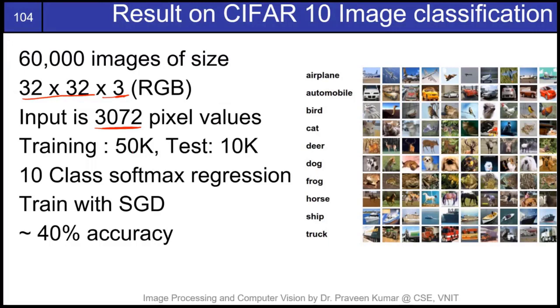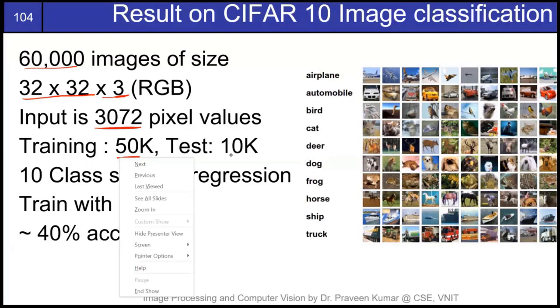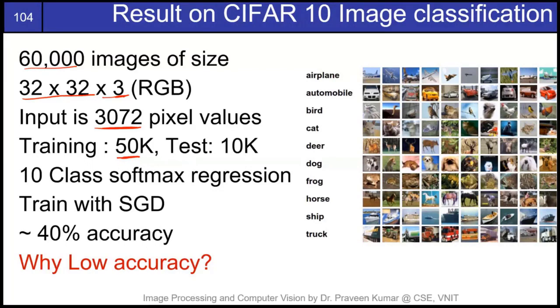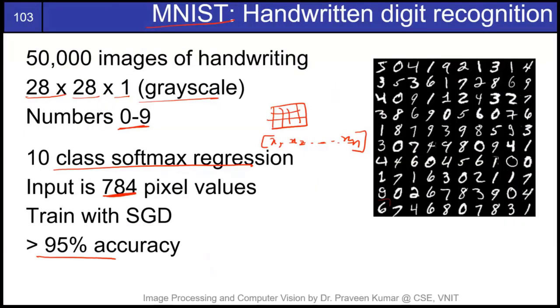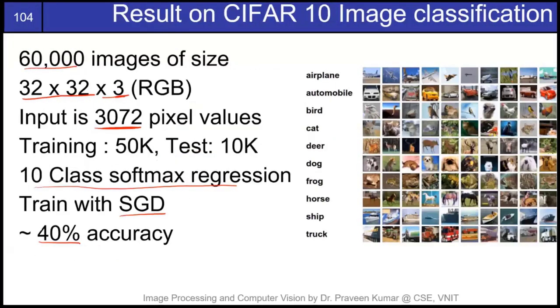If you take 50,000 of the 60,000 sample images for training and 10,000 for test, and apply this 10 class softmax regression and train with stochastic gradient descent, then you only get an accuracy around 40%. So in comparison to the MNIST data set, where you are getting close to 95%, for this data set you are getting a very low accuracy with this simple classifier.